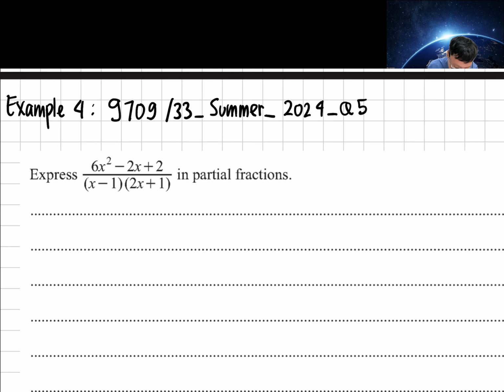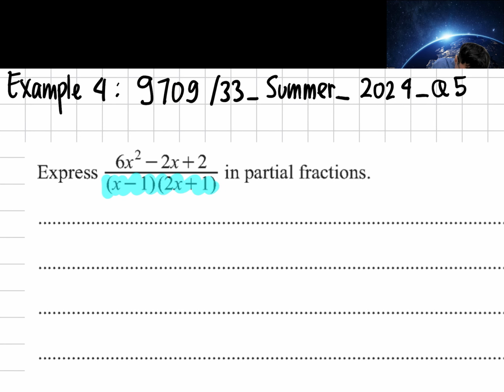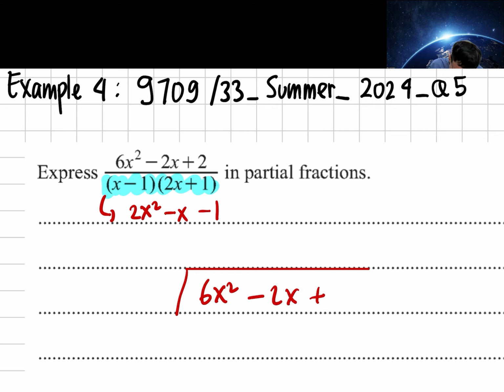So if we expand this, you will get 2x squared minus x minus 1. And then we do the long division. So we get 6x squared minus 2x plus 2 divided by 2x squared minus x minus 1.